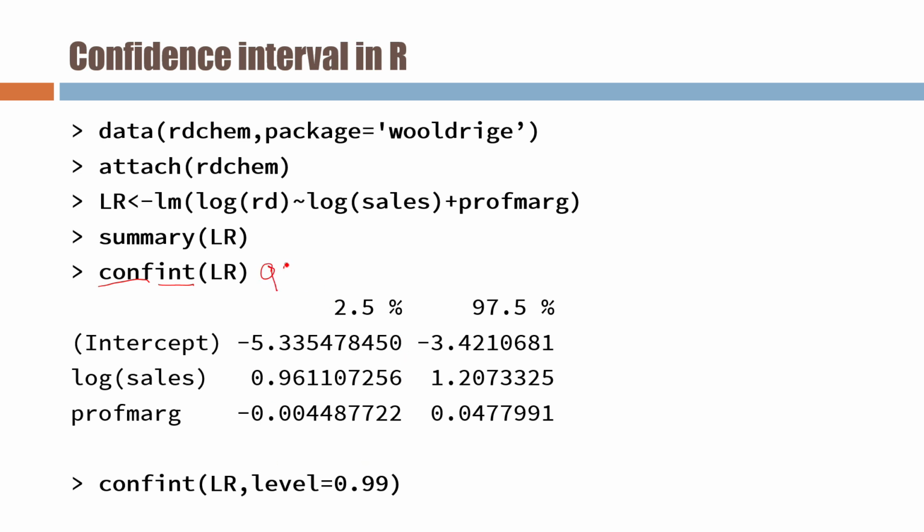But if you want a different level, you can type a comma and then the interval. Since this is 0.5%, this will be the 99.5% confidence interval here.